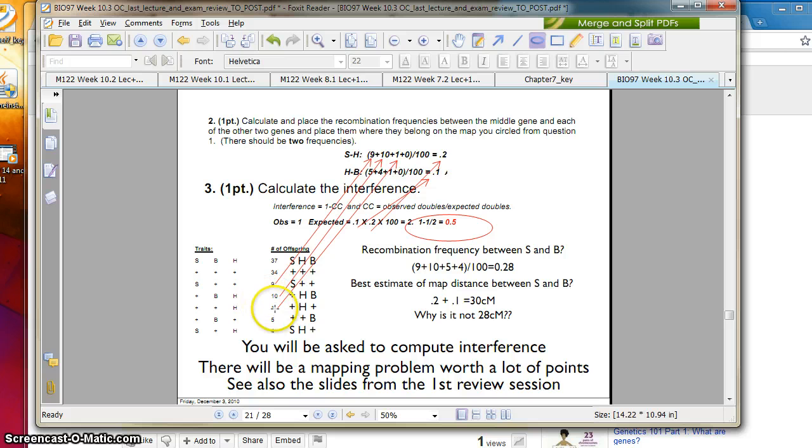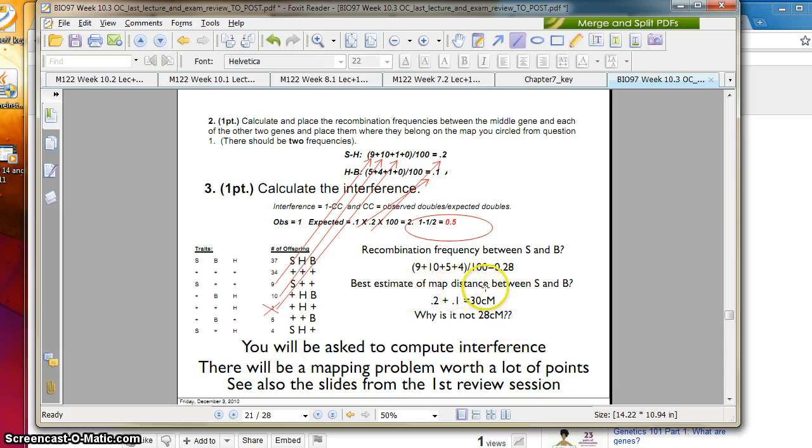Oh, sorry, this is a double recombinant, so it did not recombine S and B because the double recombinant switched them back over. And this and this. So these four, 1, 2, 3, 4, are what you get right here. So this is 0.28. So this is the best idea we have, right? So best estimate of map distance is 0.28.